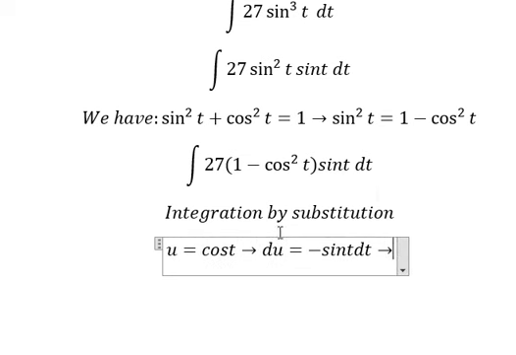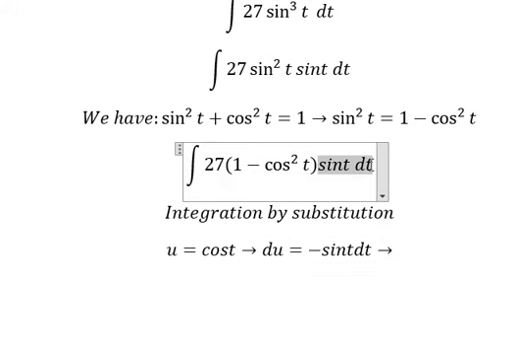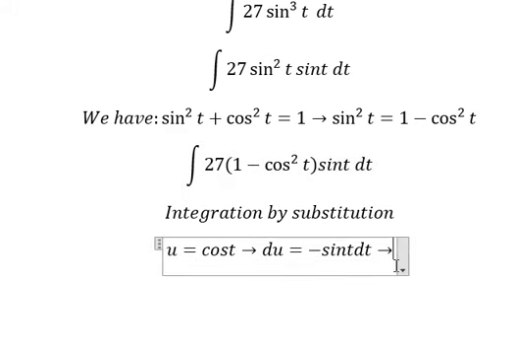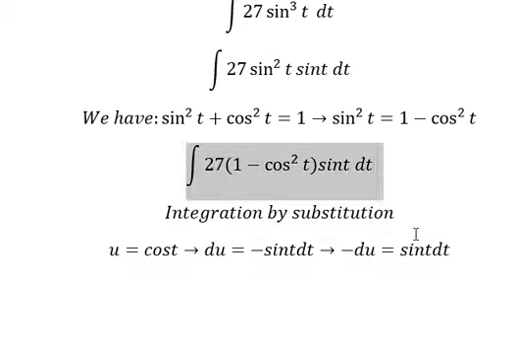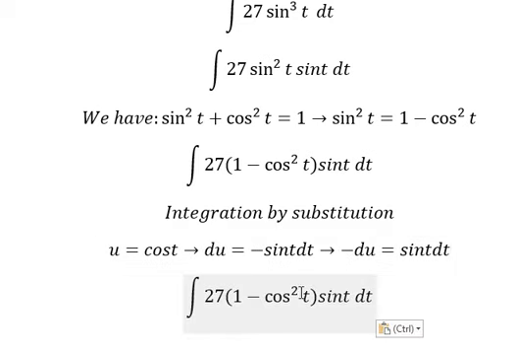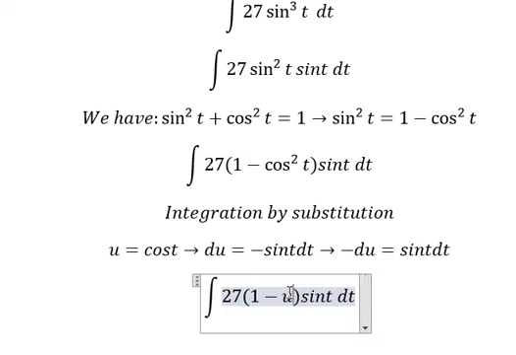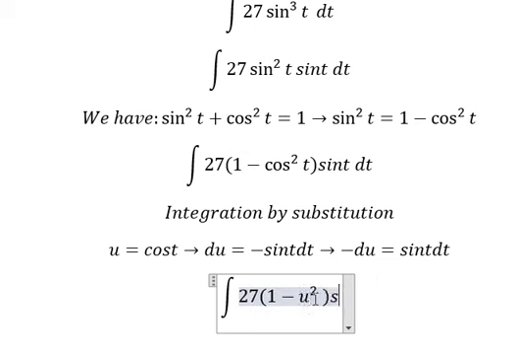Because we don't have the negative in here, we need to put the negative next to the u. This one we have u to the power of 2. This one we have negative du.